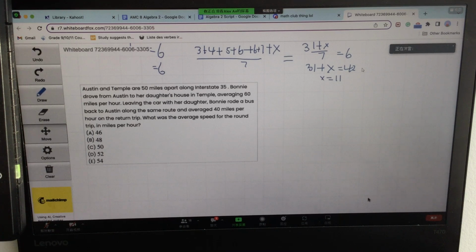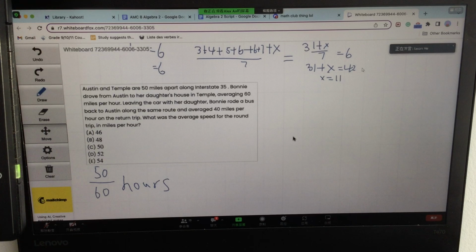Okay, we're a bit short on time, so I'll just start on the question right away. We know the first trip averaged 60 miles per hour, and the distance is 50 miles. So the first trip took 50 over 60 hours.